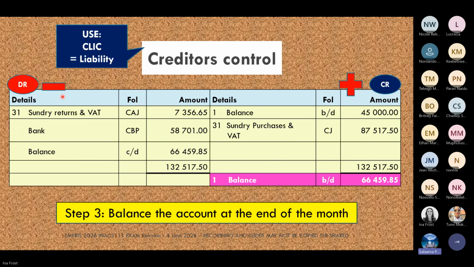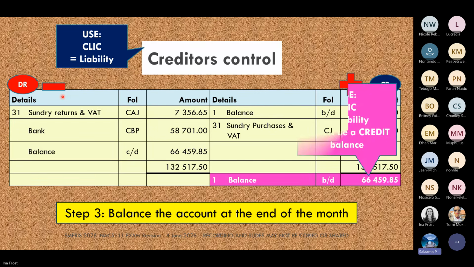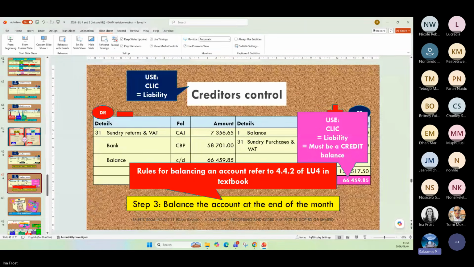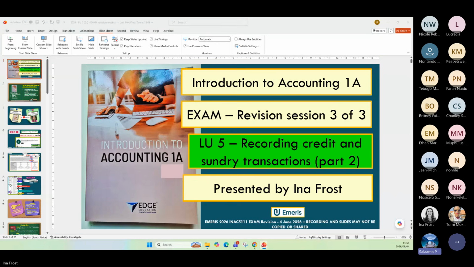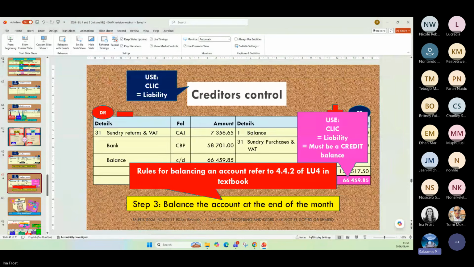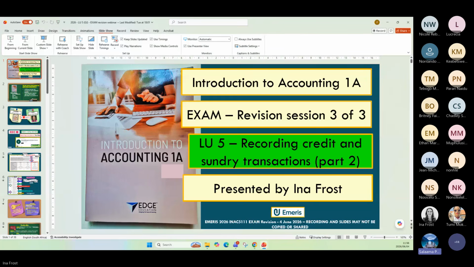calculating at the end. Okay, and as Ina has mentioned there also, whatever we are recording on the credit side is increasing the balance of our creditors. So when we purchase on credit, our balance is going to increase. The transactions that will decrease the balance of our creditors are returns, and of course also when we make payments.